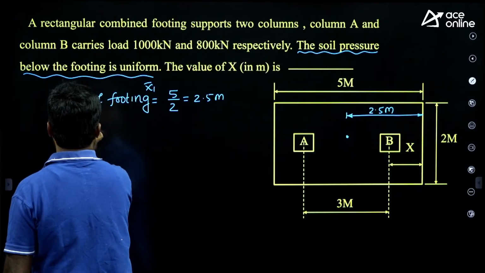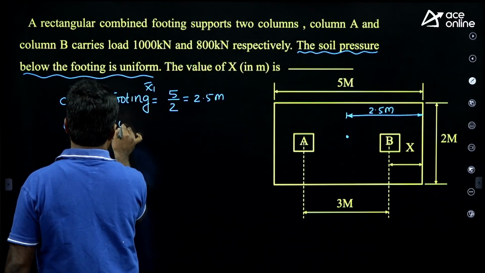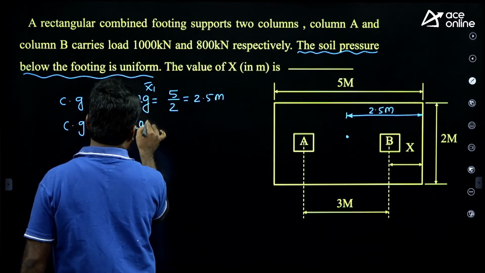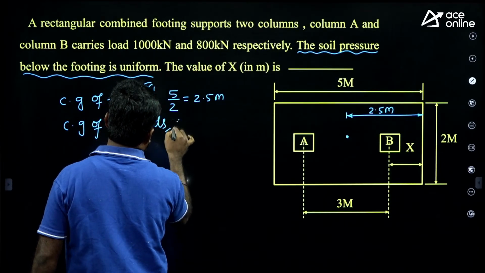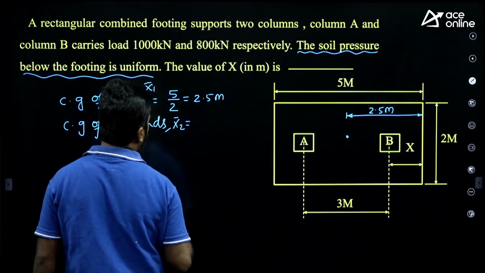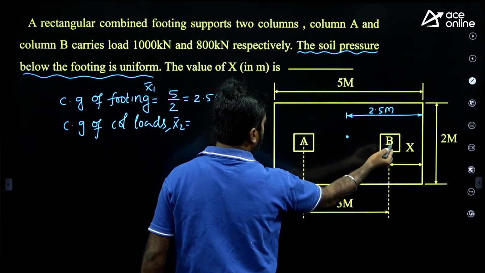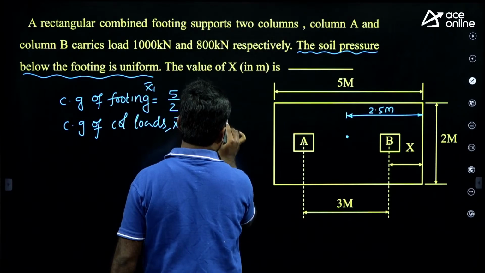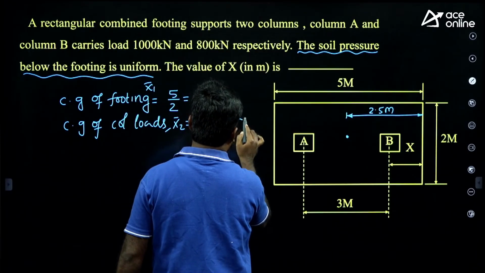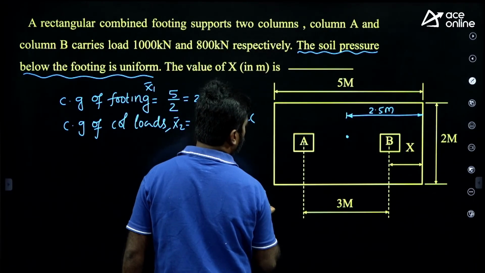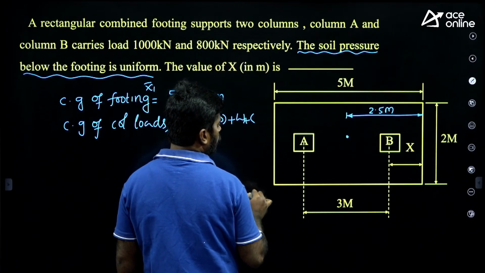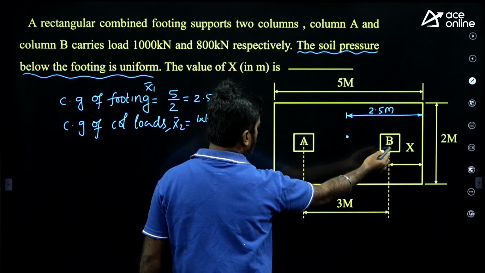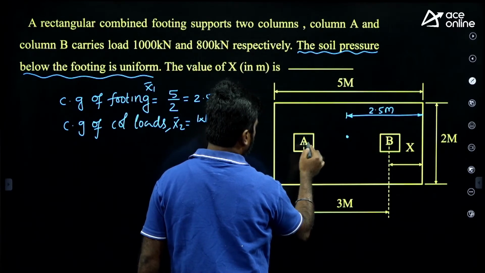Next, the CG of column loads. Say X2 bar, which is equal to, my dear, you can take column load WB into starting point 0 plus WA into, we need to take from this one. The starting point is this.